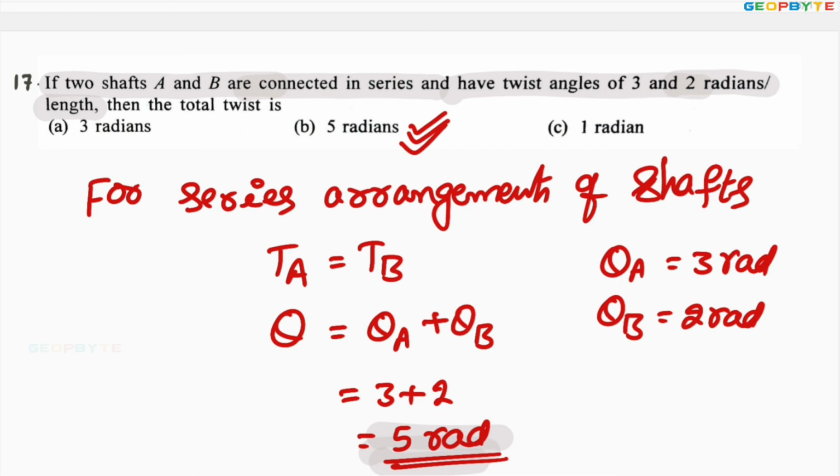My dear friends, with this I am concluding this video, but in the upcoming video also I will discuss some more important problems for the torsion of shafts. Since strength of material is a problem-oriented subject, you need to do the hard work, or you need to put the pen on the paper.